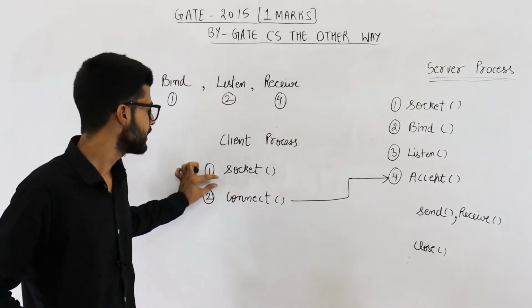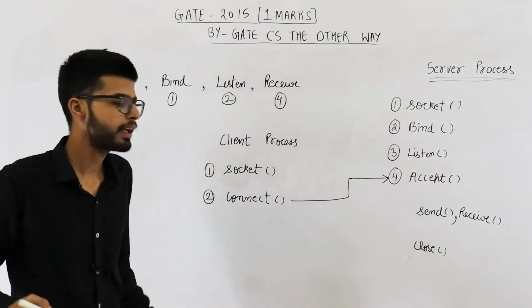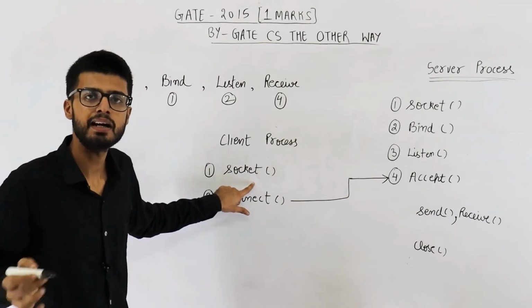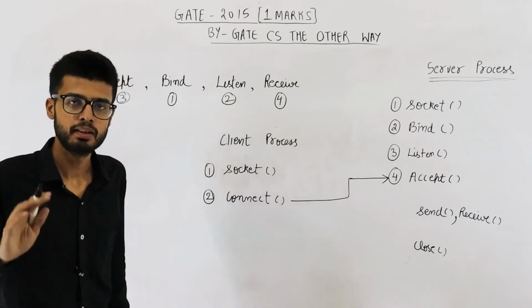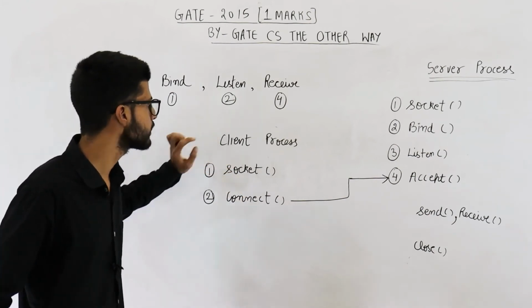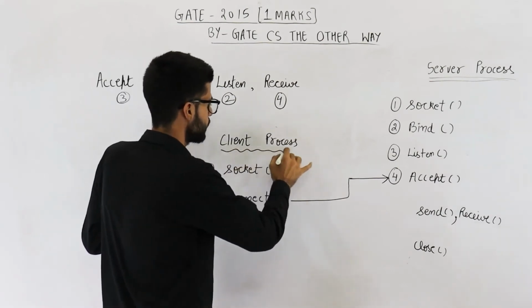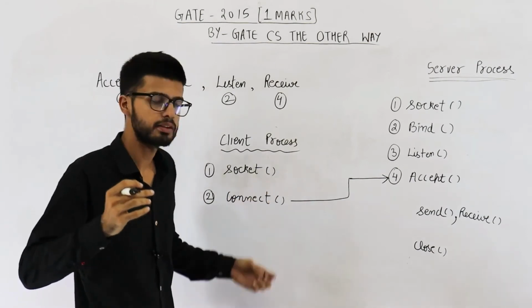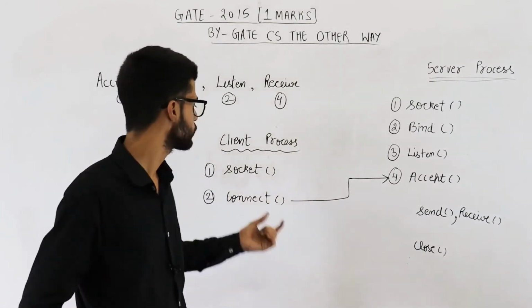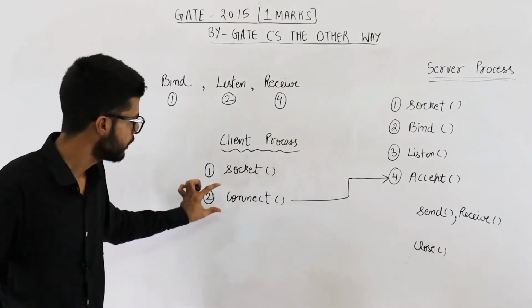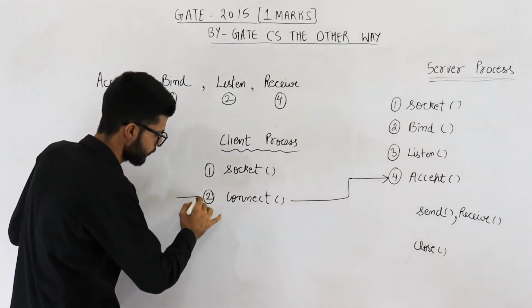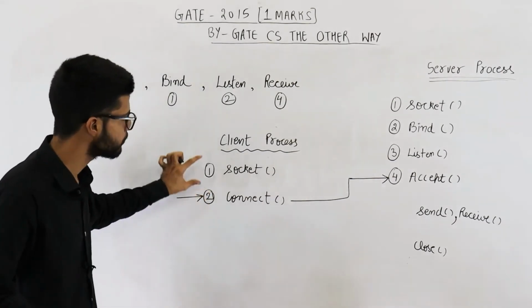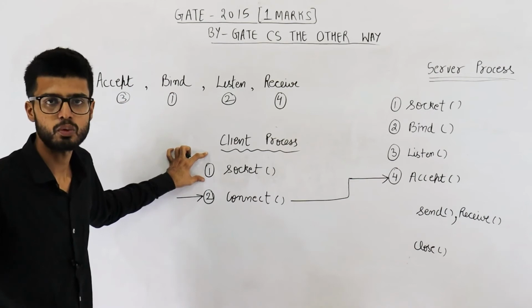Now some of you might think that we haven't given any IP address and port number to this socket. The thing is, this one is a client process. In this process, we need not give a port number and an IP address to a socket in advance. The connect system call will first bind the socket, then it will try to connect.